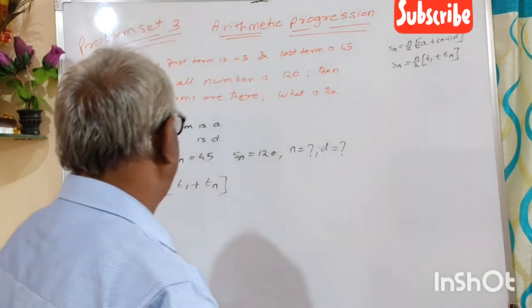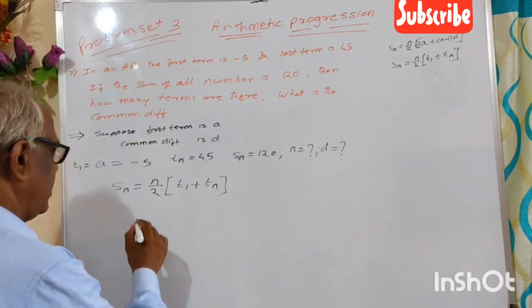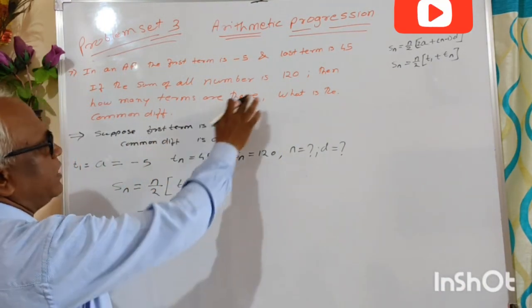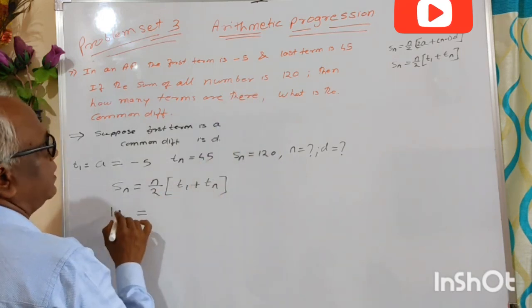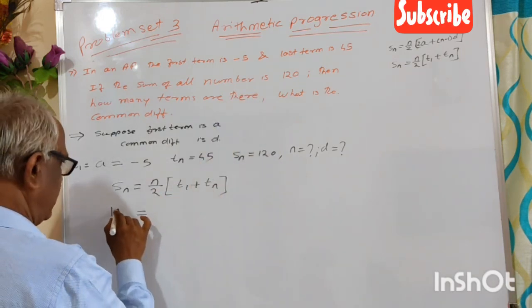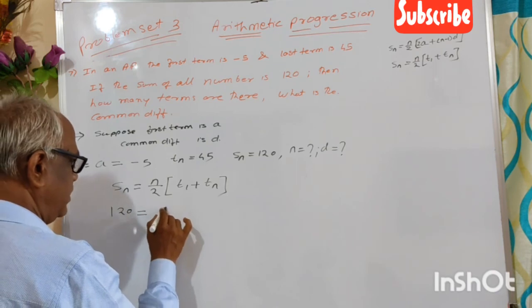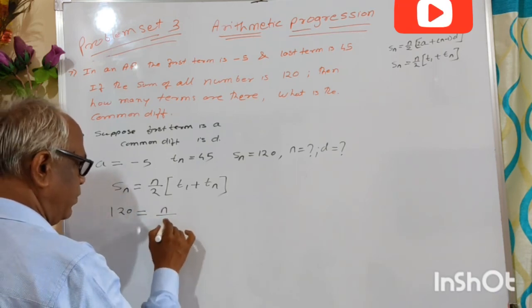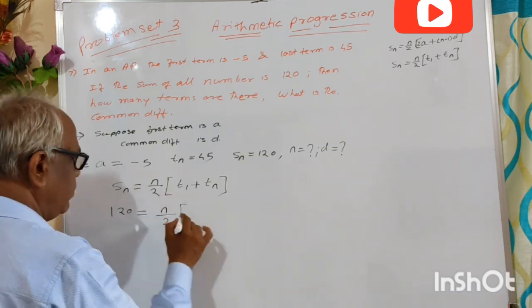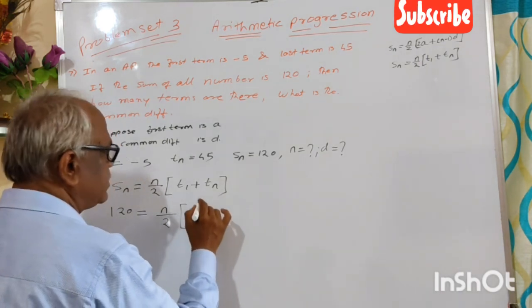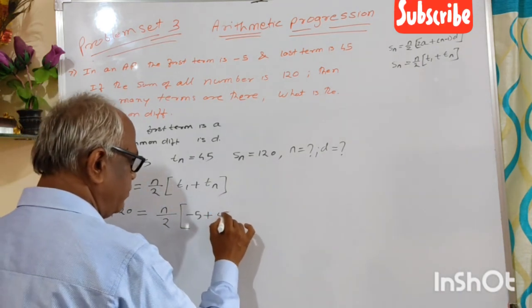Correct, T1 plus Tn. Now here Sn is given, Sn is 120. n that we are going to find upon 2 in bracket T1 is minus 5 plus Tn is 45.